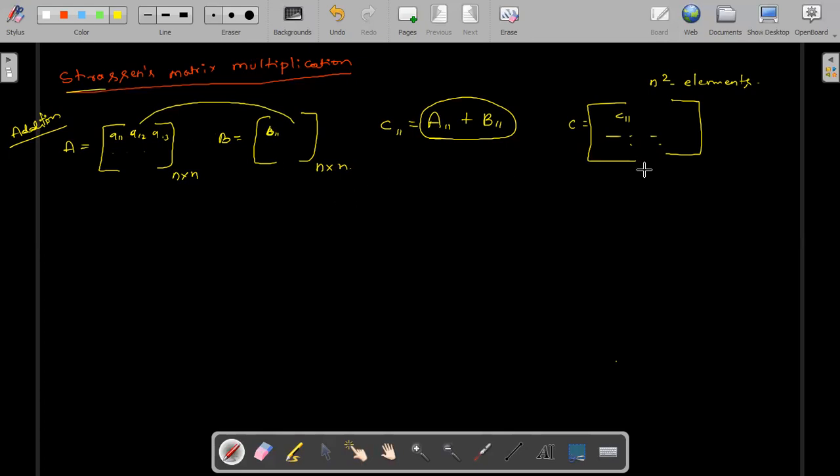So this one, C, is taking n square elements, whatever elements are available in C. And to add A and B, it is taking constant space. Here the elements are n square, and the constant space we are taking is big O of 1.